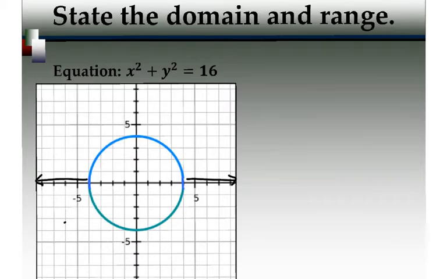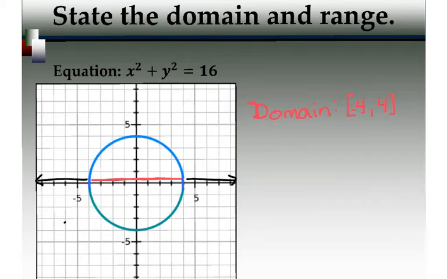Where your x values lie are everything in between the circle, right? So the domain of this graph is going to be from, we're going to write it in brackets because we are including the points -4 and 4, but we write it like this: from -4 to 4.